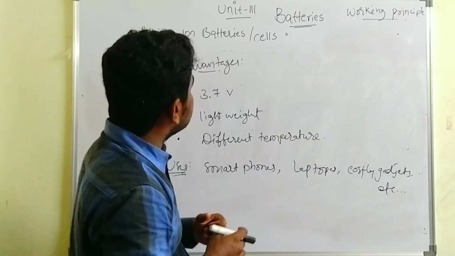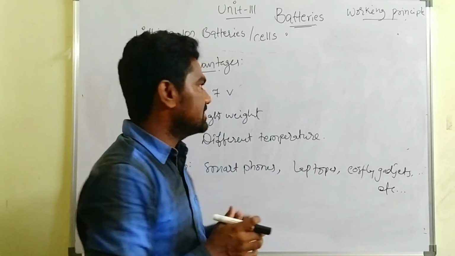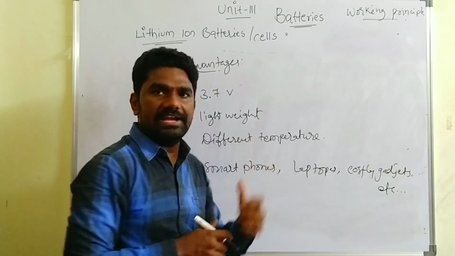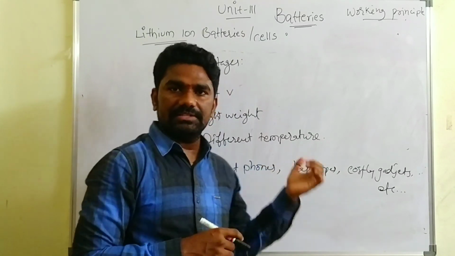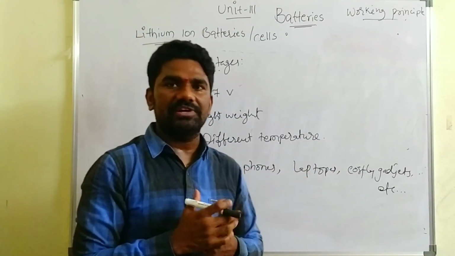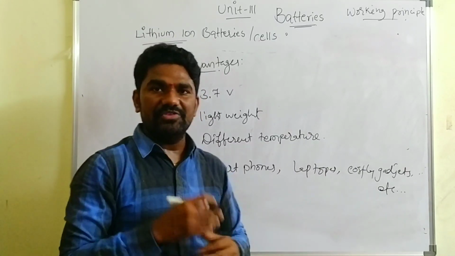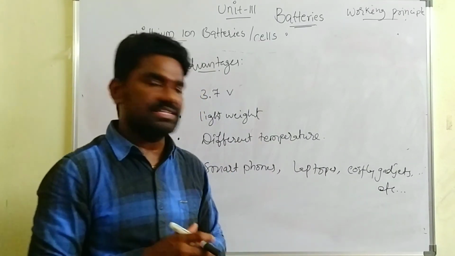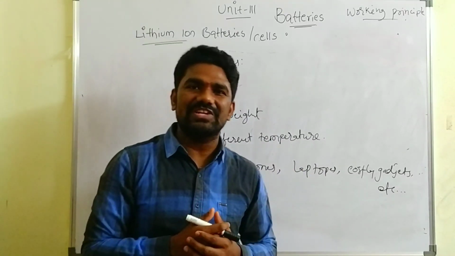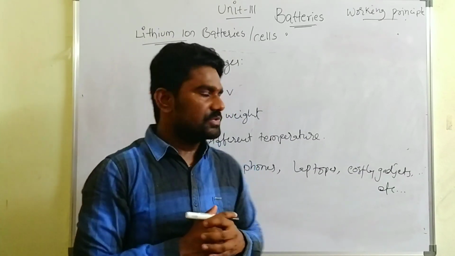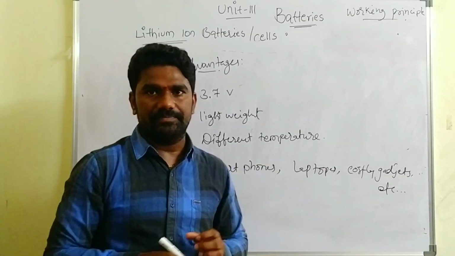And also these batteries are smaller in size, lightweight, and can work in different temperature ranges. And coming to the uses, we are using these lithium batteries nowadays in smartphones, laptops, and so many costly gadgets. So these are the importance and uses of lithium ion batteries.